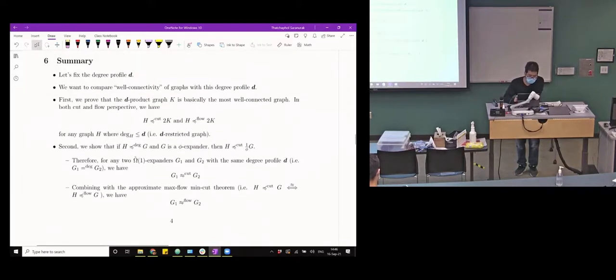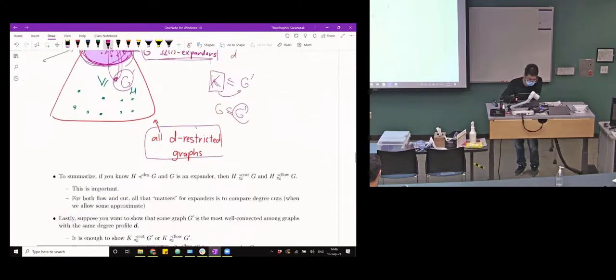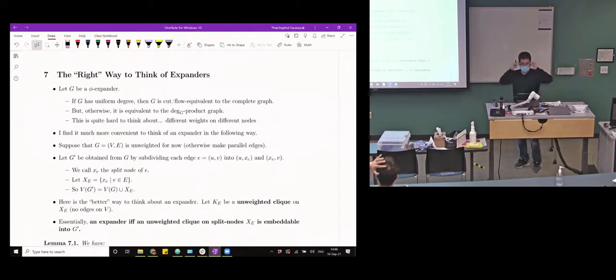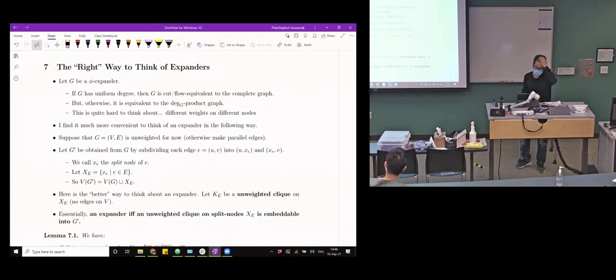Now, you can just read the summary here, I think. Because I don't have much time, I want to talk about the right way to think about expander. Last thing for today. So you have G is an expander.